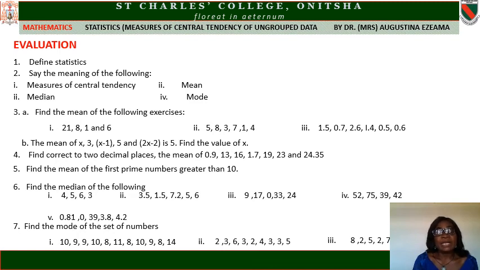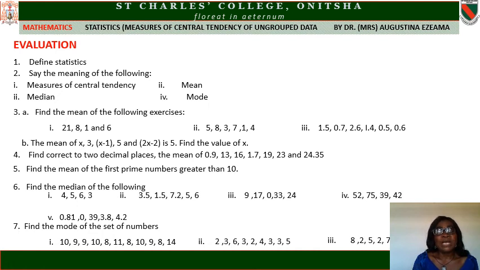Find, correct to 2 decimal places, the mean of 0.9, 13, 16, 1.7, 19, 23, and 24.35. Number 5. Find the mean of the first prime numbers greater than 10.